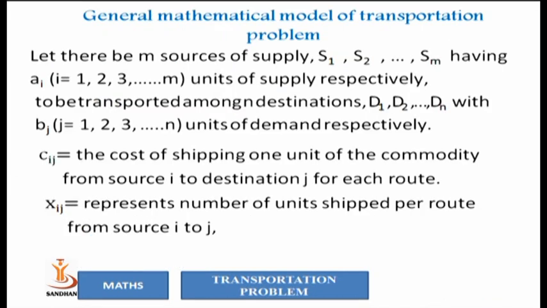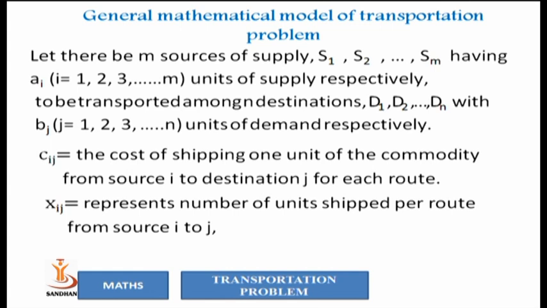Now let us try to understand the general mathematical model of transportation problem. Let there be M sources of supply S1, S2 up to Sm, having Ai units of supply respectively, where i is from 1 to M, which has to be transported among destinations D1 up to Dn with Bj units of demand respectively, where j is equal to 1 to n.